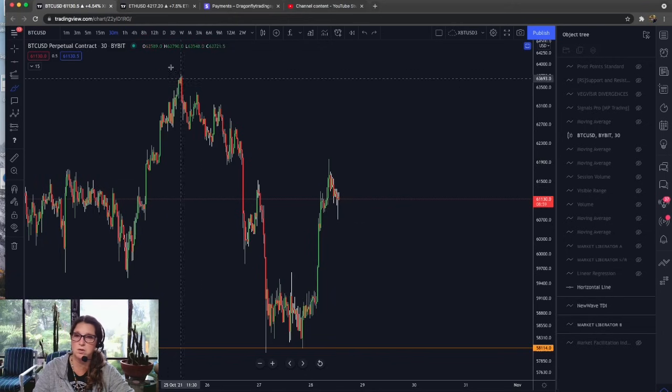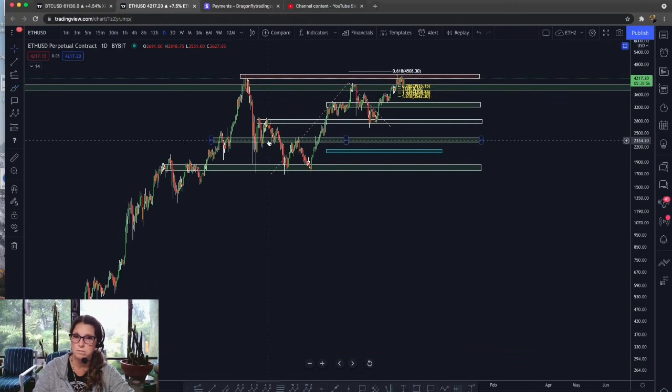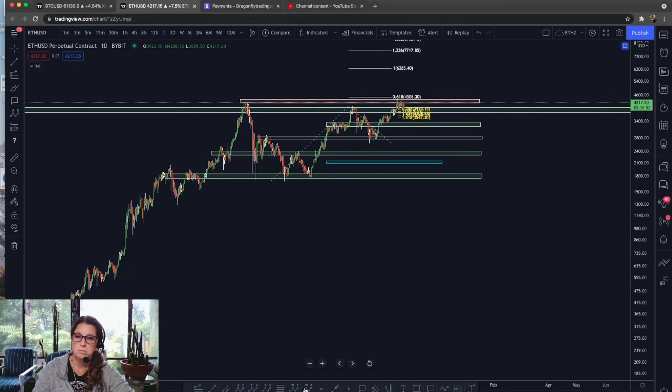Okay, so let's take a look at ETH. Now, ETH has the same exact corrections. It has the option of the ABC, and we're getting very close to this 618, which it could very well be what it's doing here, maybe giving us another hit to the high. And then it has this three wave here.